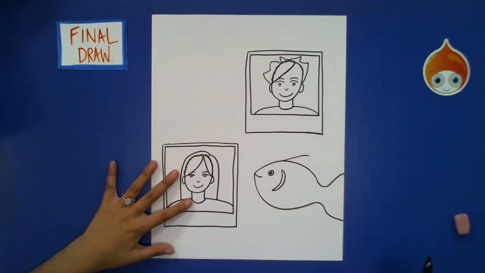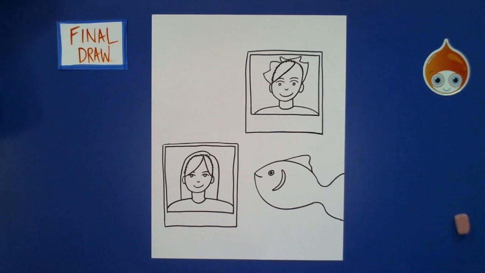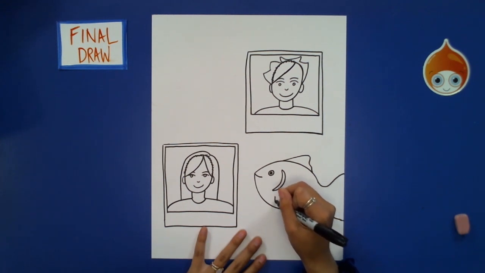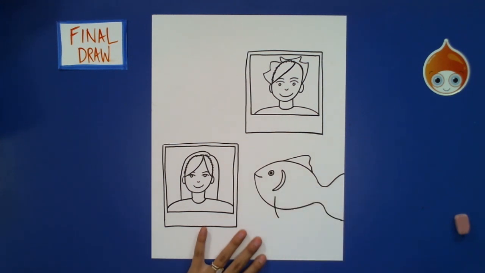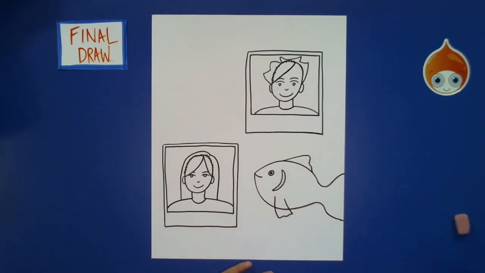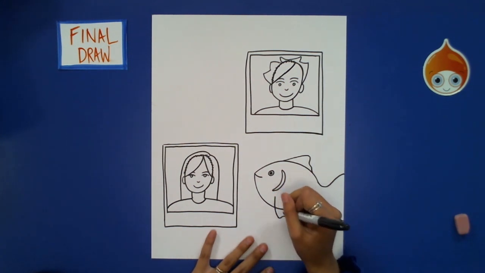So I'm going to start on the top of the body first for the top fin, and I'm going to draw a curved line that comes up, and then wave it down for the back of that fin. And then for the bottom fin, I'm going to draw a curved line that comes down, draw a little wavy line for the bottom, and then another curved line down.